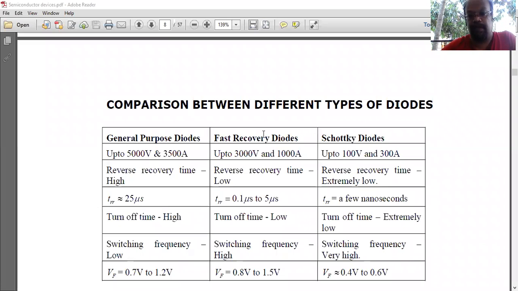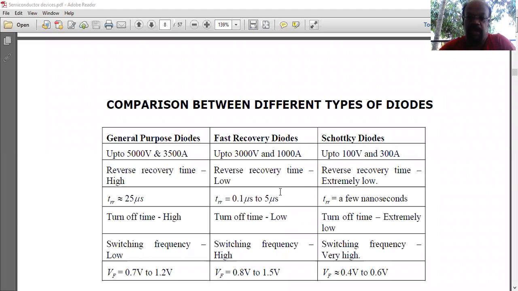But the special purpose diode, the fast recovery diode, has a voltage rating of 3 kV and 1 kiloamps. The reverse recovery time is very, very low, 0.1 microsecond to 5 microsecond. Because of that, I can use this, because power electronics means very fast operating switching, high switching frequency.